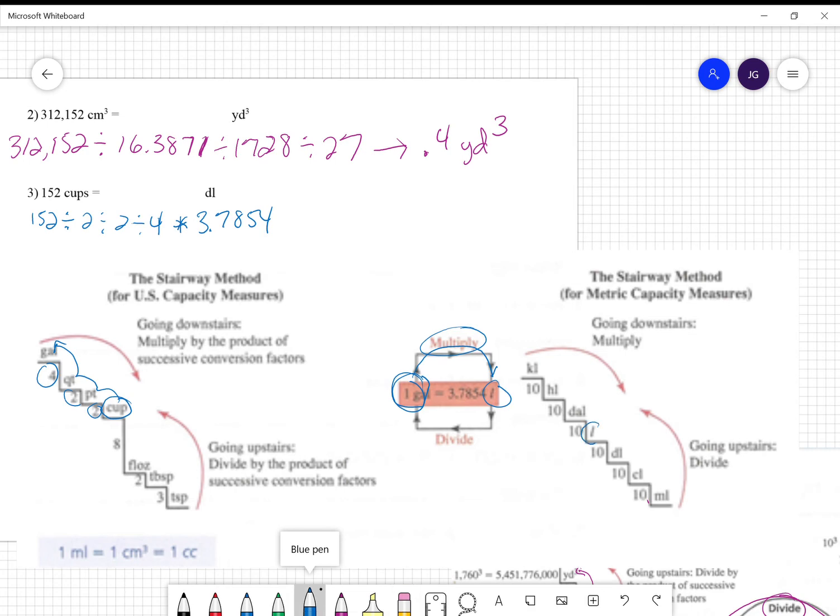So I'm at liters, but I want to get to deciliters, so that's one step down. So I'm going to multiply by 10. 359.613, 359.6 deciliters.